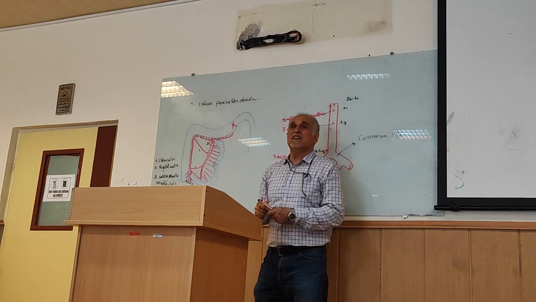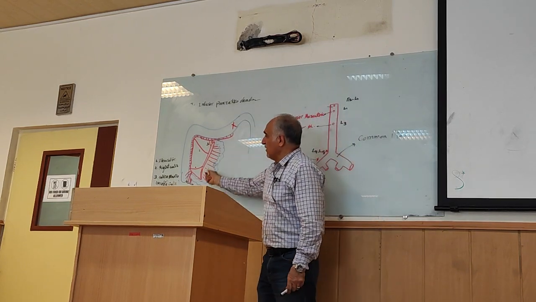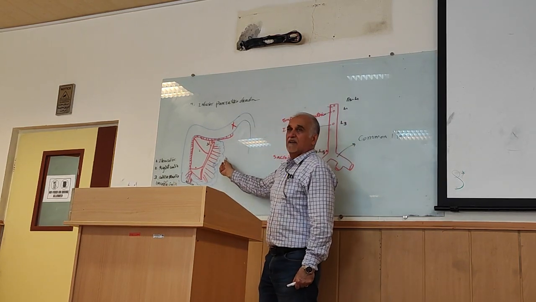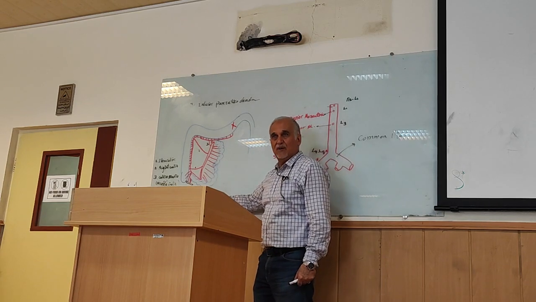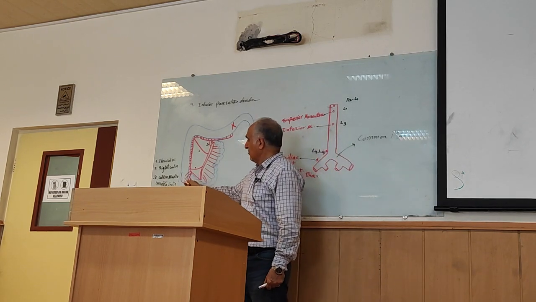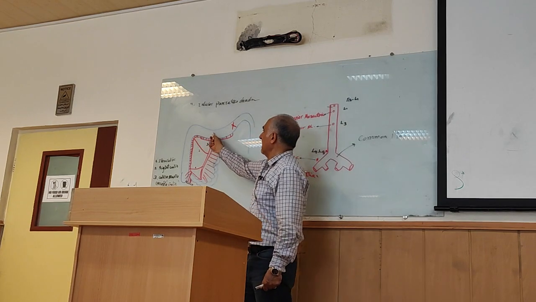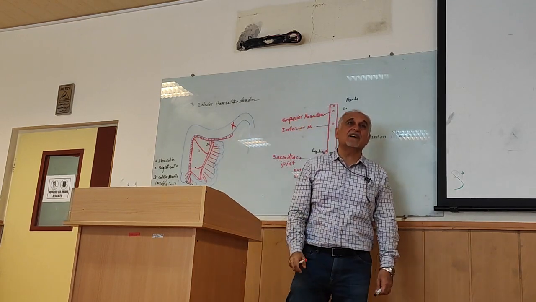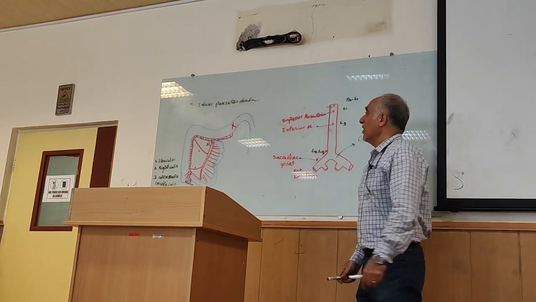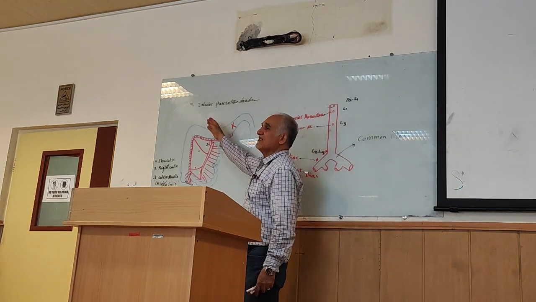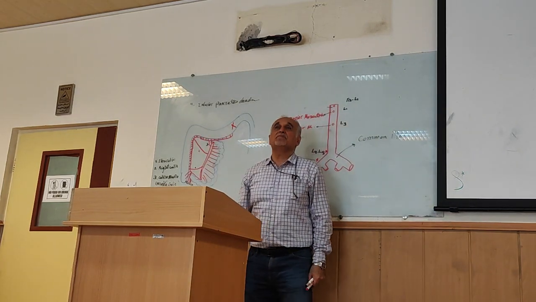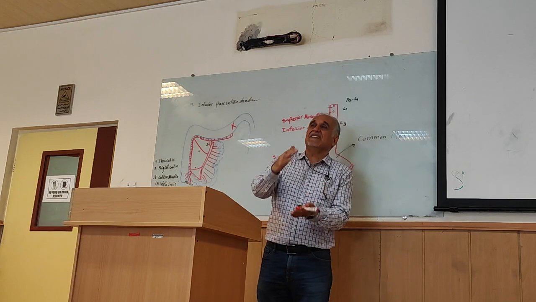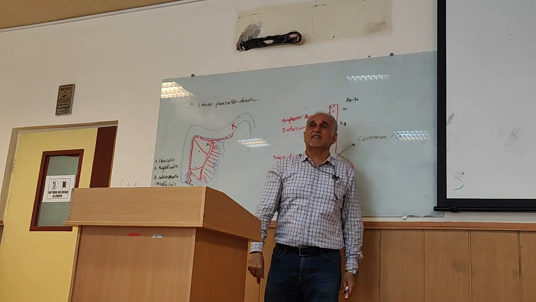So as you can see here, the superior mesenteric supplies jejunum and ileum, cecum, appendix, ascending colon, and right two-thirds of the transverse colon. And of course, the parts of the duodenum that are below the middle of the second part.